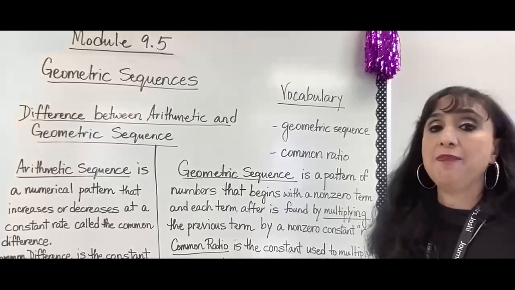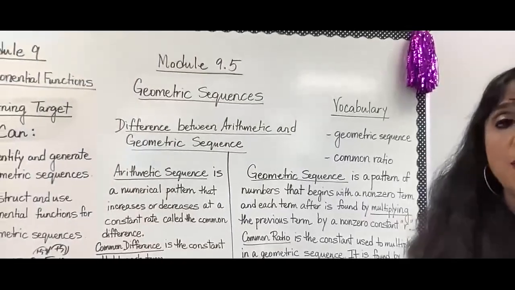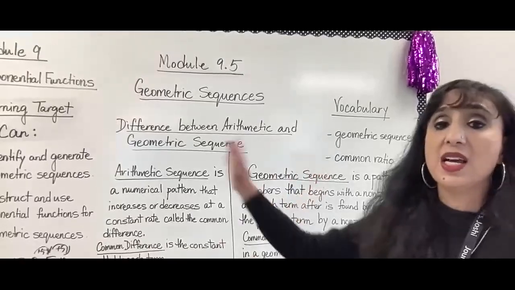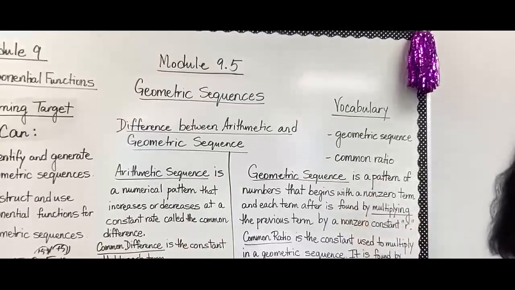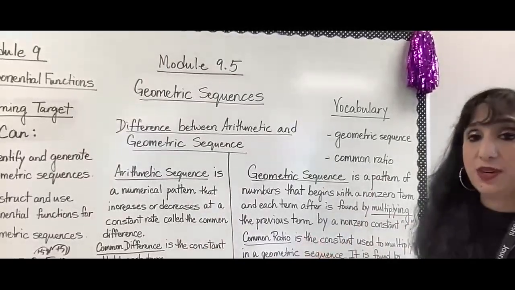Both are increasing or decreasing, but what is happening over here? One is addition, the other one is multiplication. So that is the difference between arithmetic sequence and geometric sequence.